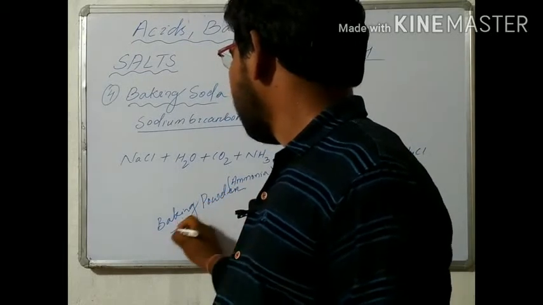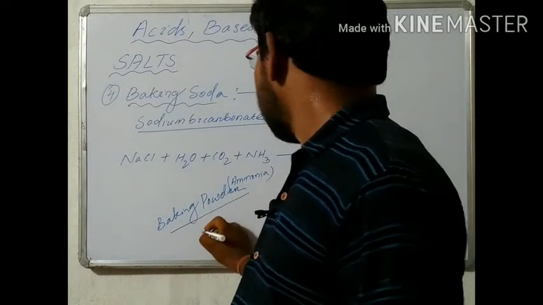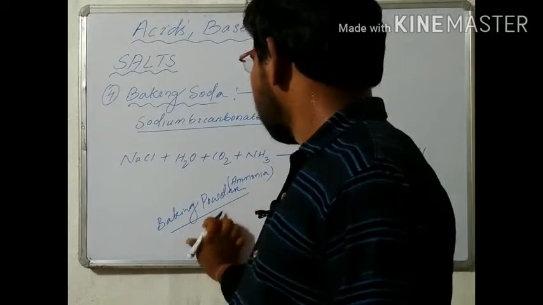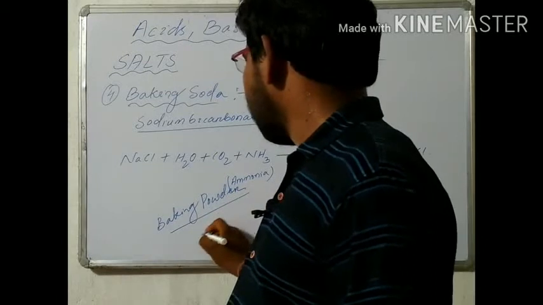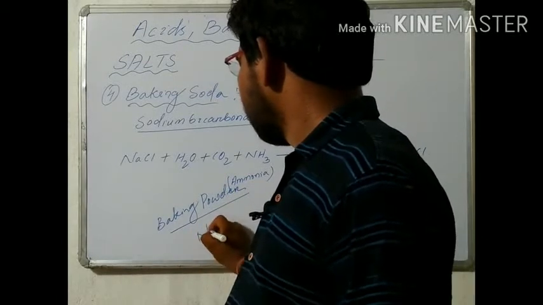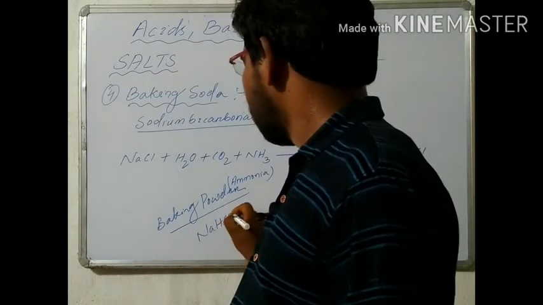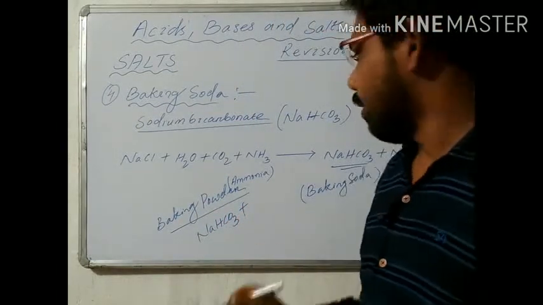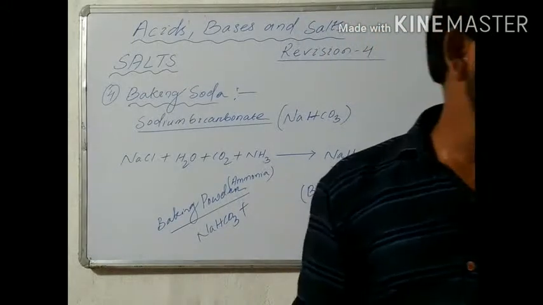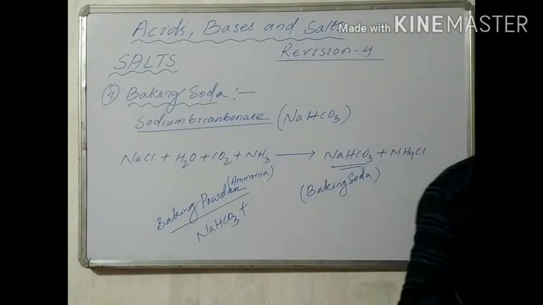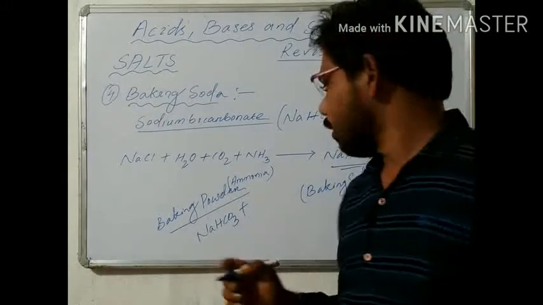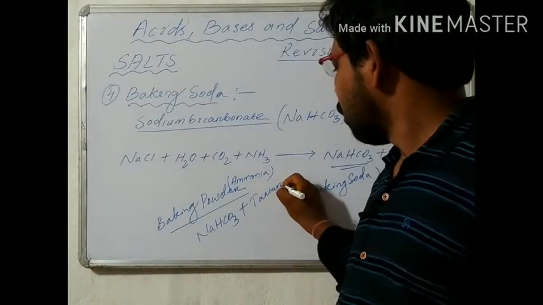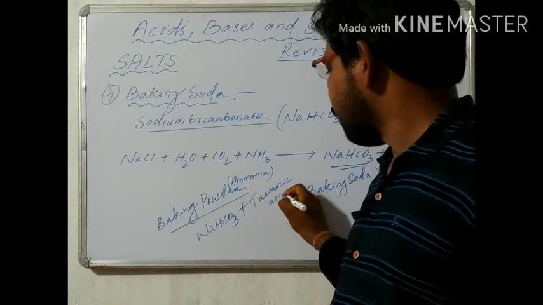Baking powders are mixtures of NaHCO3, that is baking soda, and some mild acids, that is some weak acids, such as tartaric acid.